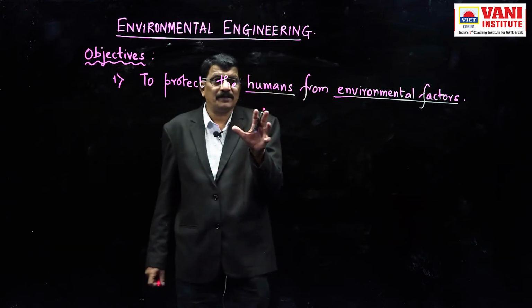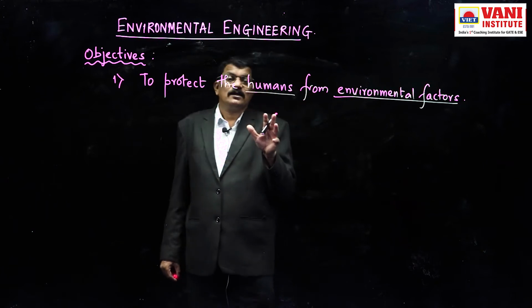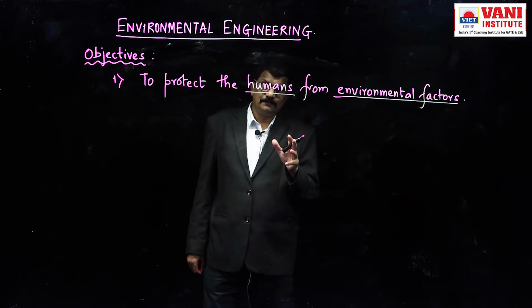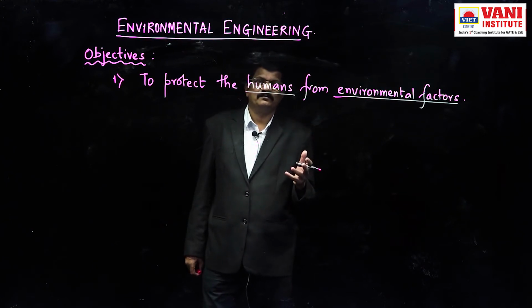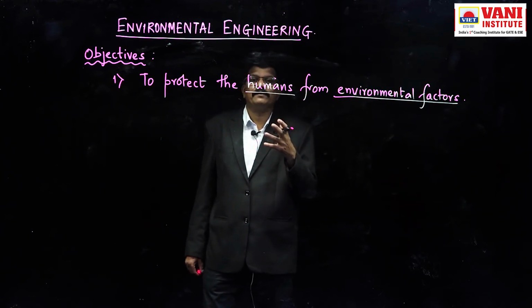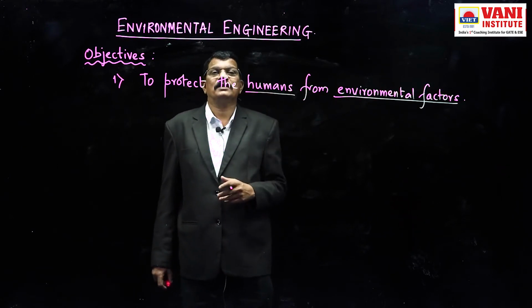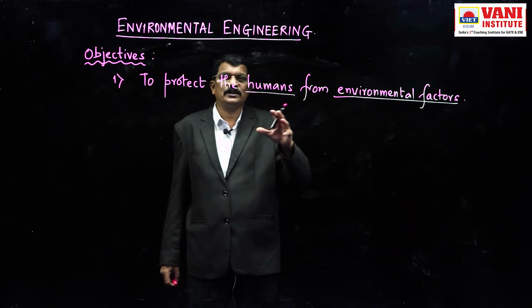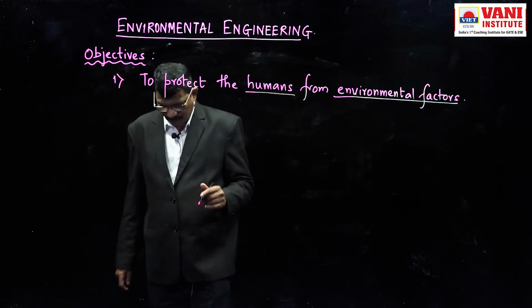And in this context, we are only focusing on water: how the quality of water may be affected by the environment, and later how to make the water safe for human consumption. So this becomes the first objective of environmental engineering.